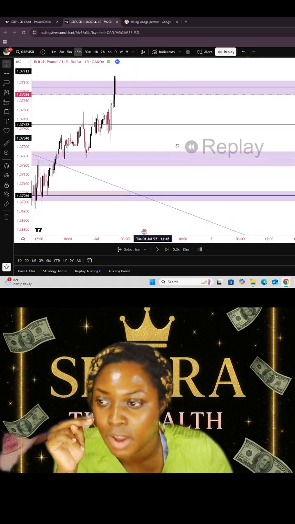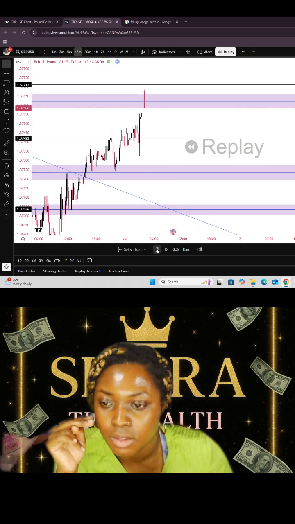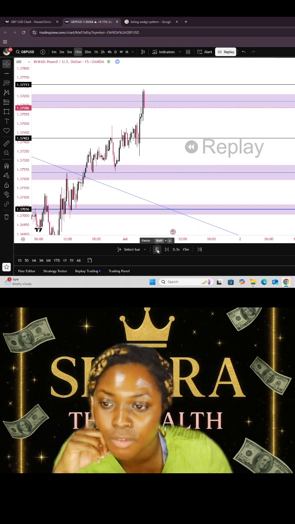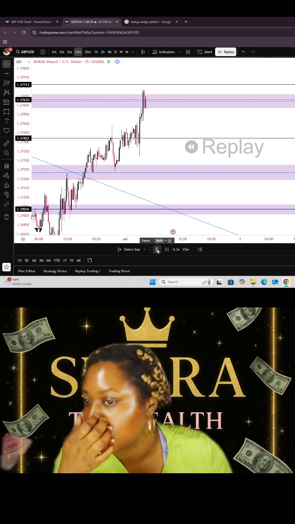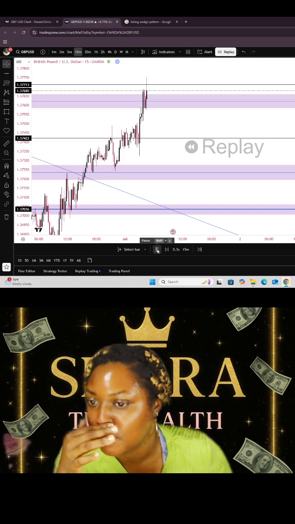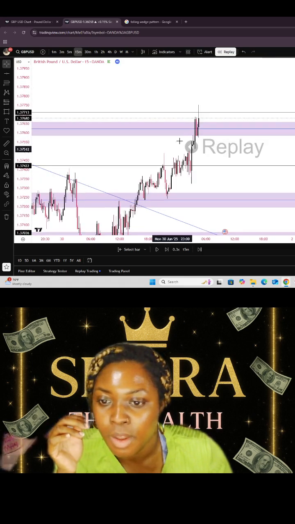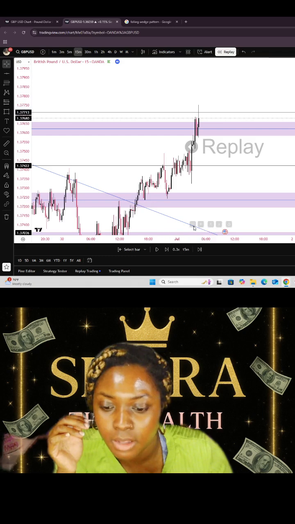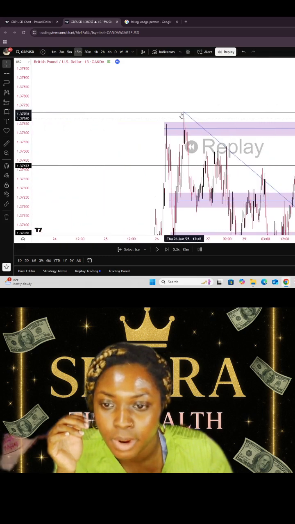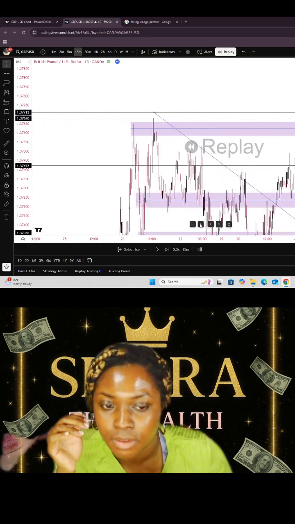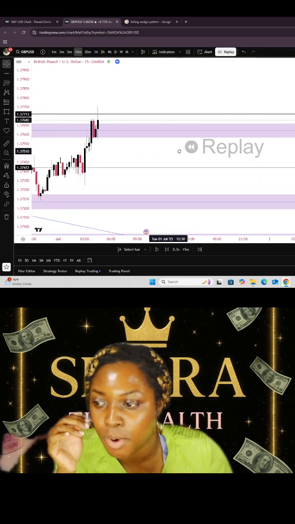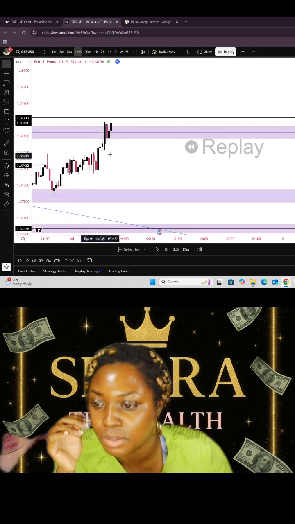Let's see if we can find a third one and see if our sells are valid. All right. Price ran liquidity. It ran this last high. Doesn't look like price wants to close on top, but let's see what it does.